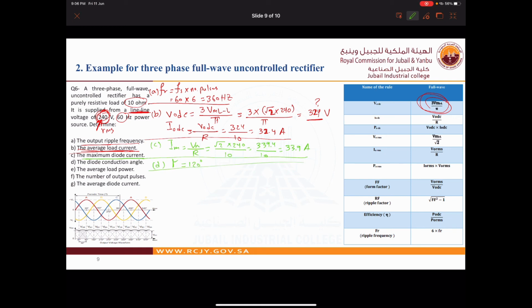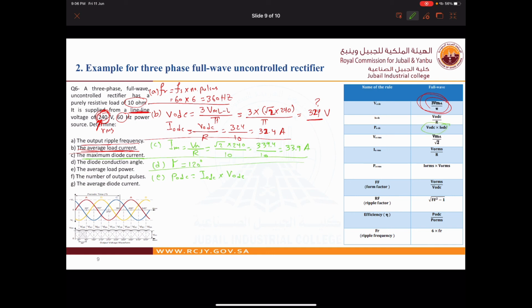Now for E, he said the average load power, which is P out DC. We know from Ohm's law that P out DC is V out DC multiplied by I out DC, and it is here also, so you can refer to it.